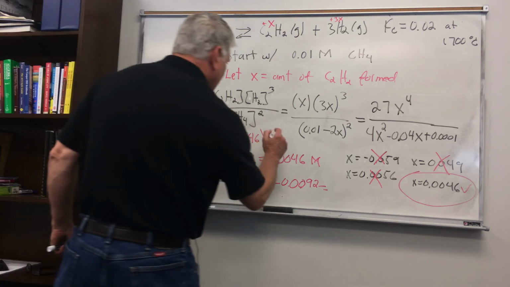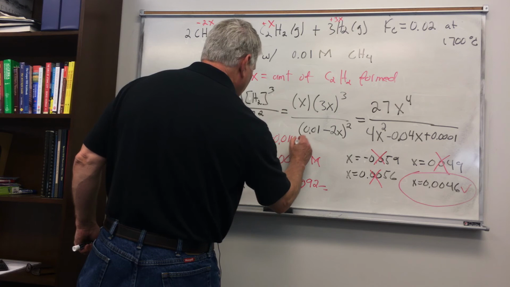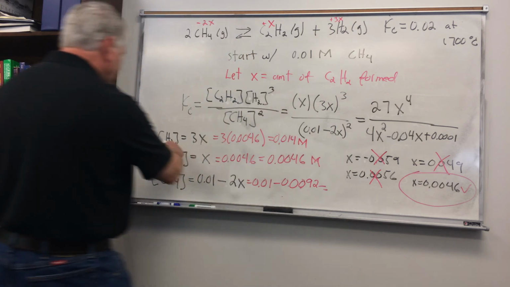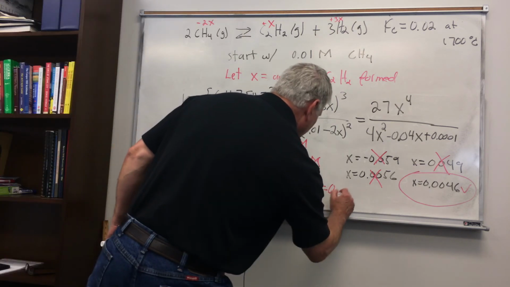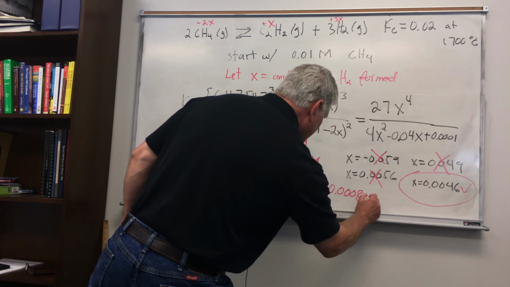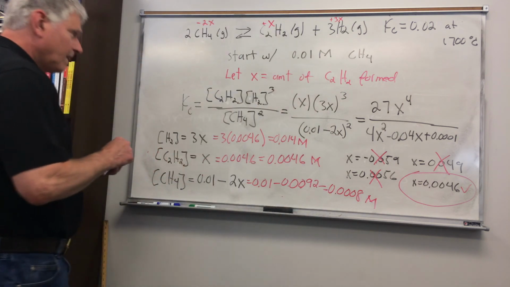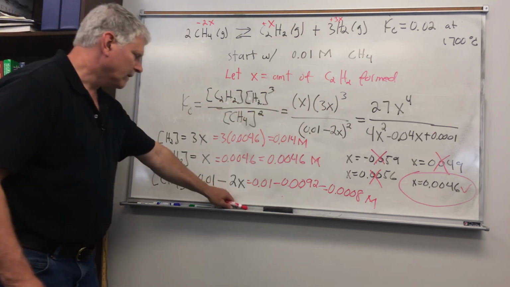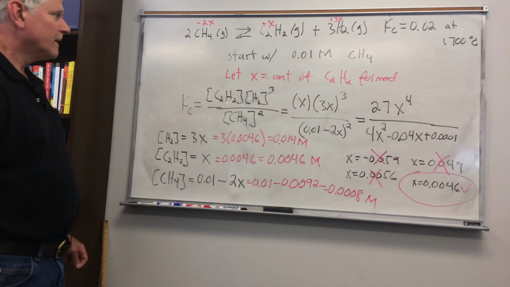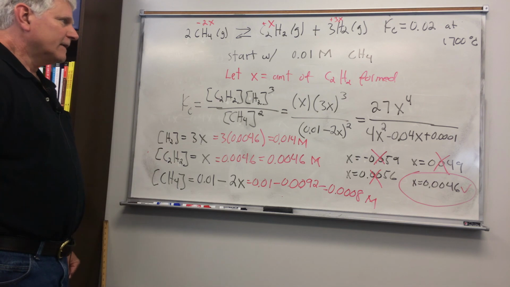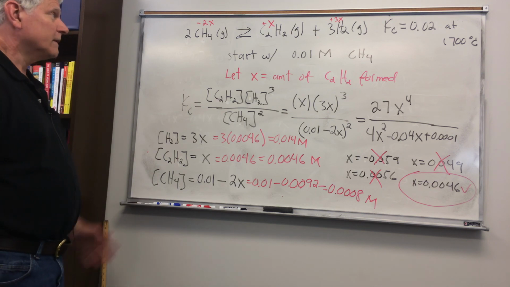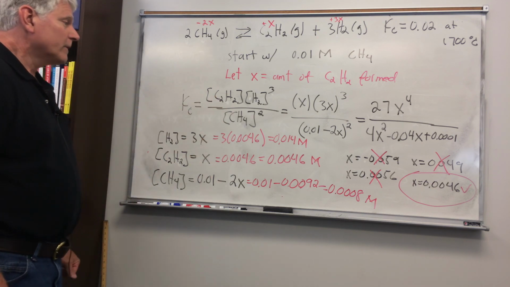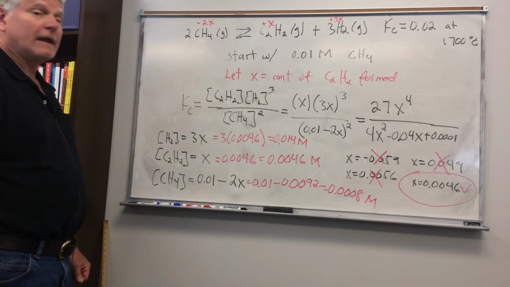And we have 0.014 molar for hydrogen, 0.0008 molar for methane. So we can use a polynomial solver when we have more than a quadratic expression. And it's easy and fast now. So we can calculate the equilibrium concentrations for even complicated reactions.